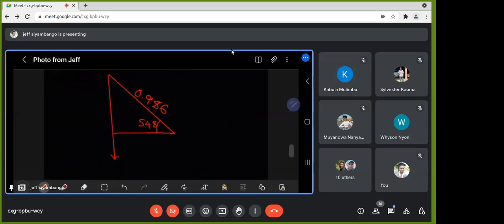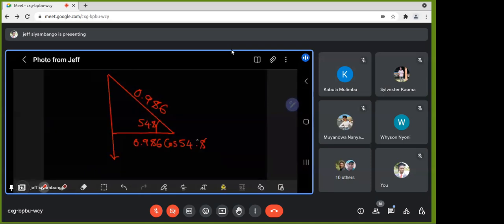You will see that this will still come out as the hypotenuse. So the hypotenuse is 0.986, times cos 54.8, and you still get 0.56836 meters.